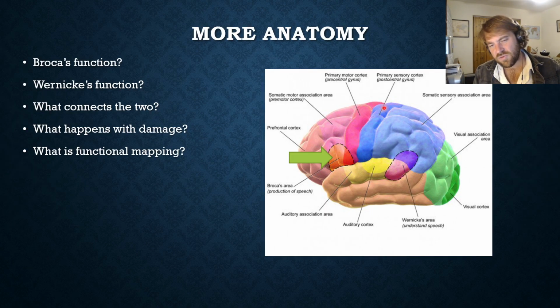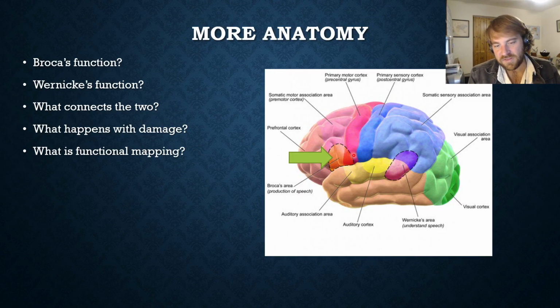So this is torso, possibly upper leg type areas right here. We've got arms, and then we've got face down here for somatosensory. This is motor. It's laid out exactly the same way. And interestingly, the part of the motor cortex that corresponds with the movements of the face and the tongue and all that good stuff is part of Broca's area. Speech production. Makes sense, right?